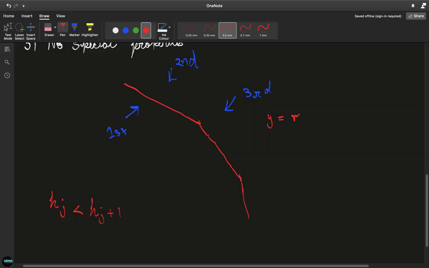So let's take two equations. Y and x are the same because when they intersect, the point is the same. And let's equate this.